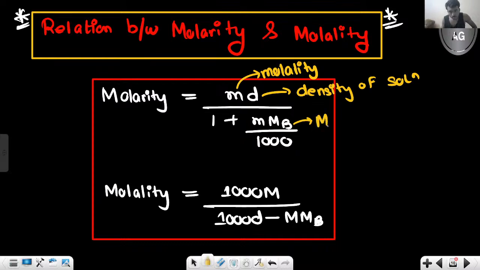MB হলো মোলার মাস বা মলিকুলার মাস অফ সলিউট। তাহলে the relation between molarity and molality is MD by 1 plus mMB by 1000, যেখানে capital M is molarity, small m is molality, capital MB is the molar mass of the solute.